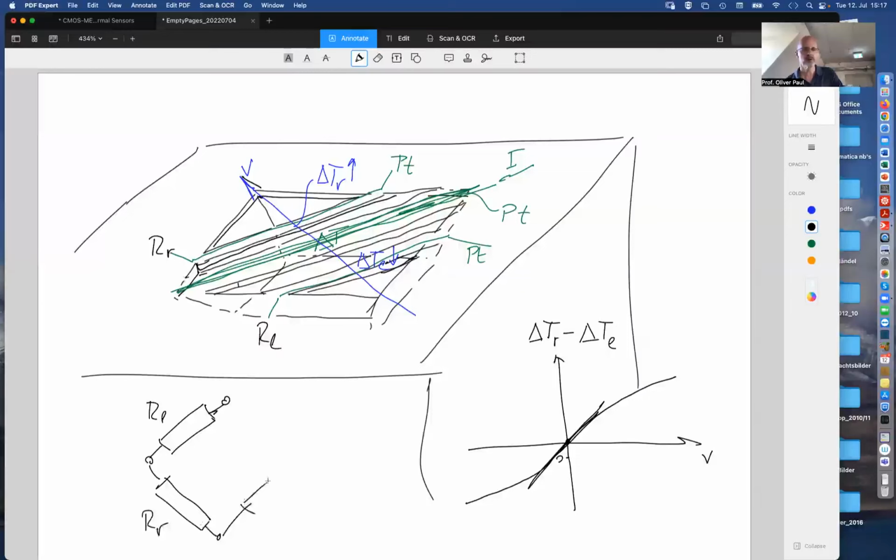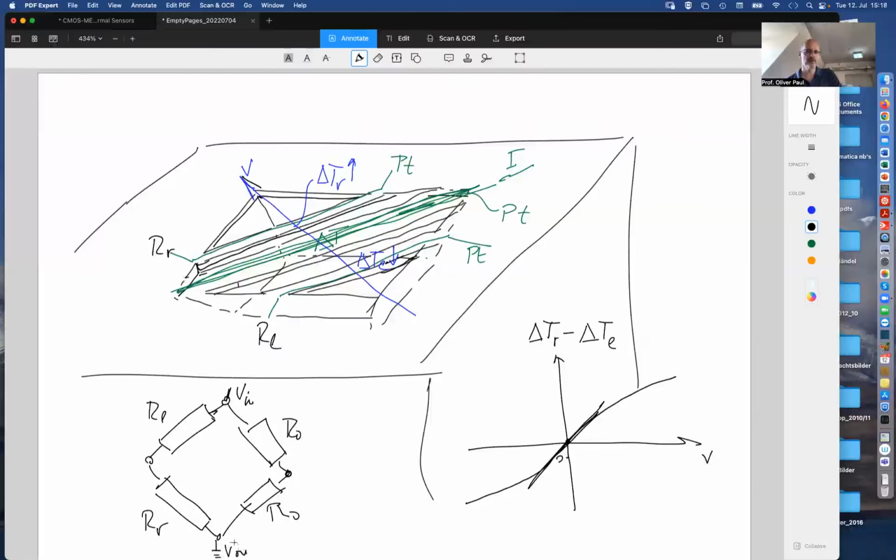Then R0 and R0 identical, a fixed branch having this voltage that is being applied here and here, V out.